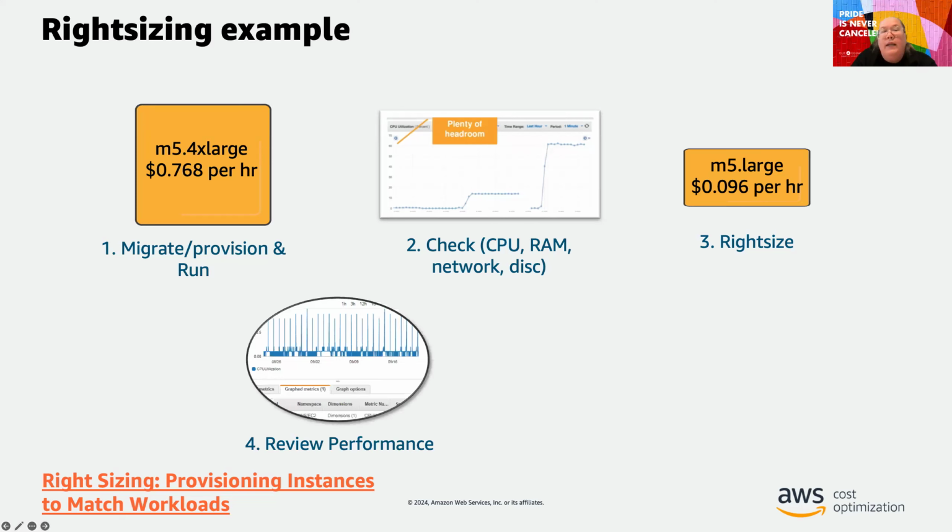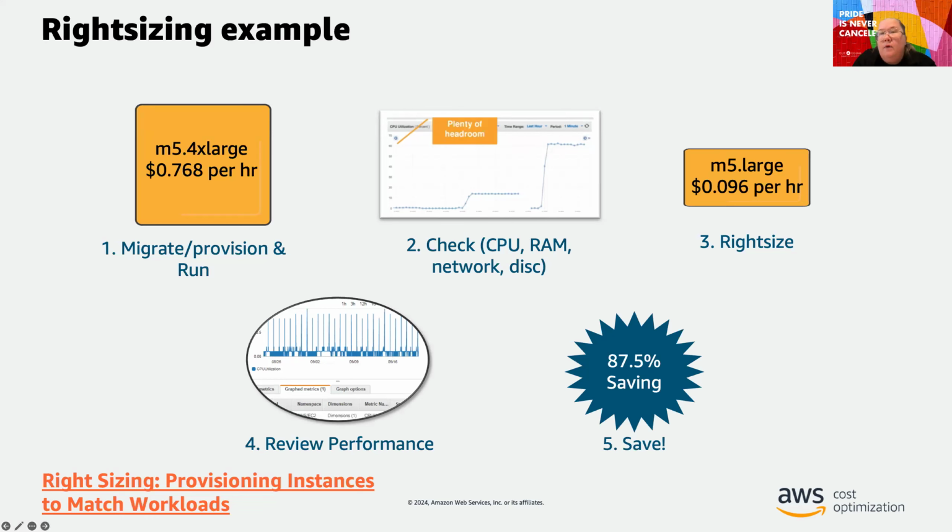And that means that we can then review performance. Are we still hitting our business goals? Like, are we hitting the performance goals? And we are actually hitting quite nice savings. So switching from one instance type to another, in this context, you might save almost 90% of your cost. So that is one of the right sizing exercise examples.